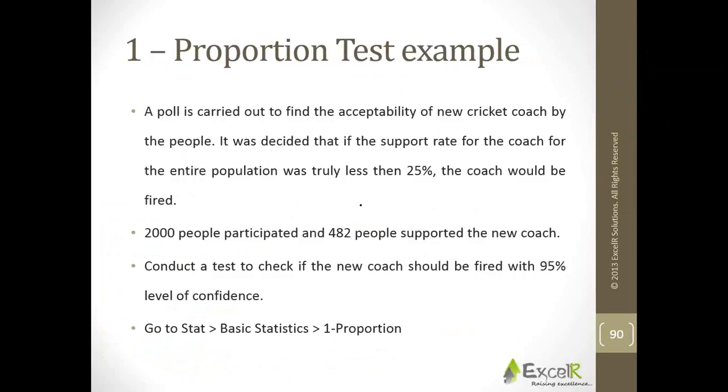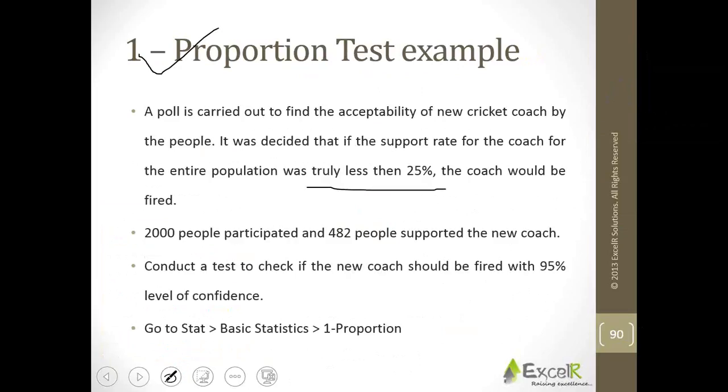All right, a one proportion test example is given. A poll is carried out to find the acceptability of a new cricket coach by the people. It was decided that if the support rate for the coach for the entire population was truly less than 25%, the coach would be fired.